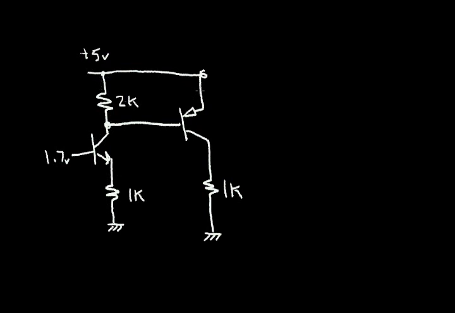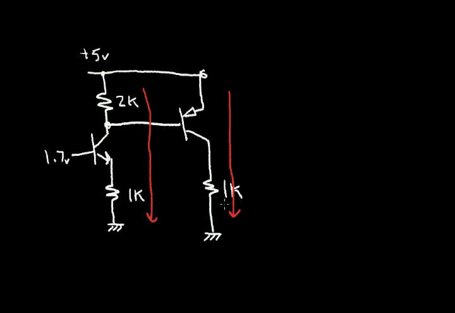And with a PNP transistor, the emitter usually connects to a positive supply, and the collector tends to usually connect to the more negative supply. That's basically because current will tend to flow in this branch and then in this branch from the positive supply to ground.